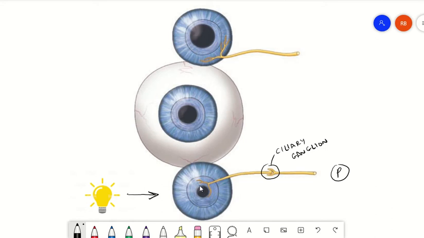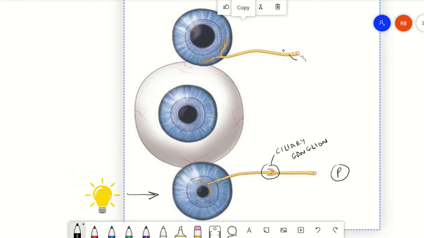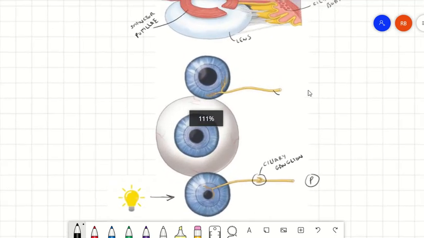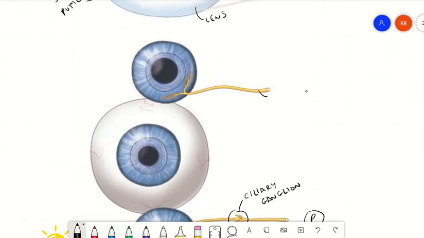Now that's in a bright room. In a dim room, in dim light, there's no ganglion here, so this must be the third order neuron. Okay, so this is going to be the third order neuron for the sympathetic pathway.